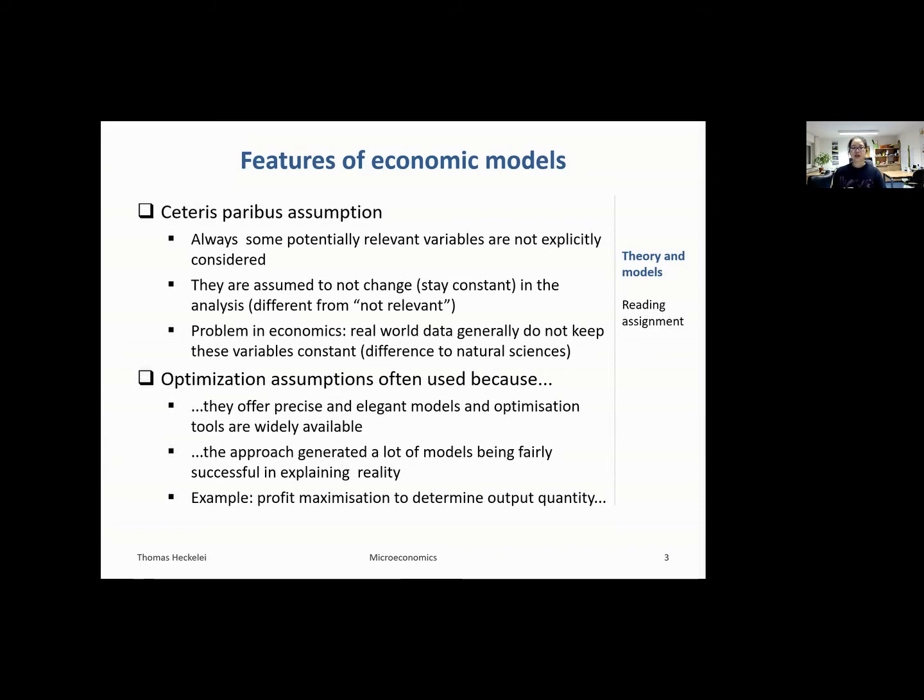The second reason is consistent with what we just said before: it has generated a lot of successful models in predicting real world economic events, and that's the feature of a good model, right? A typical example is the use of profit maximization to determine the production output quantity.